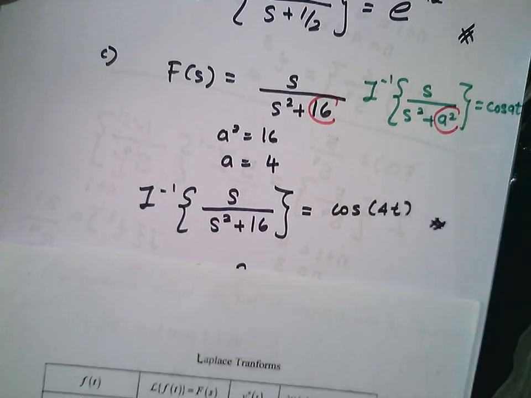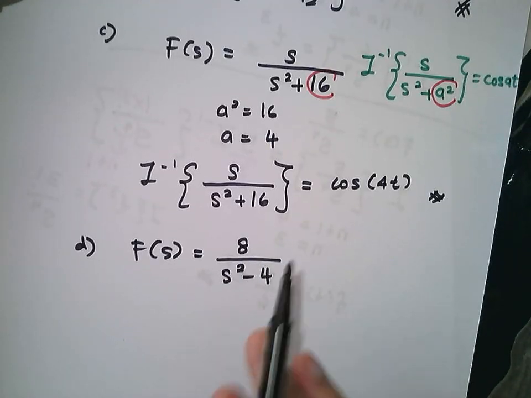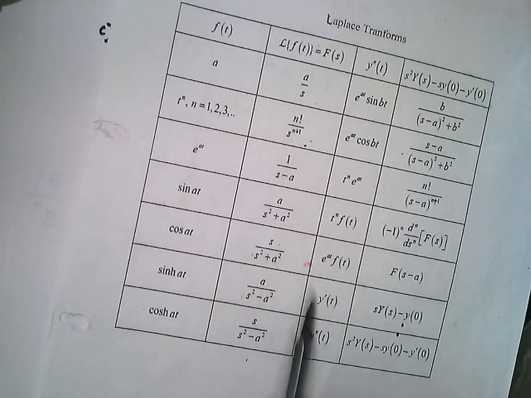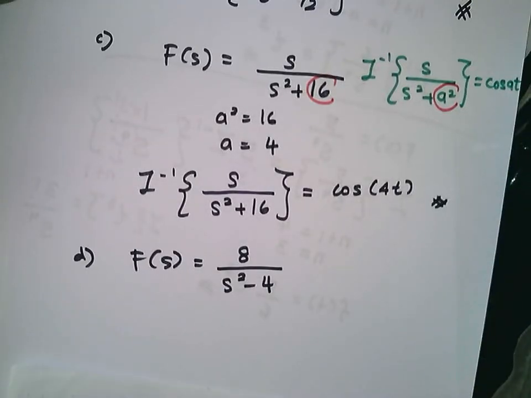Okay, don't worry if you don't have the same value here. First we just need to know what the general form is, which is equivalent to the function that you have.